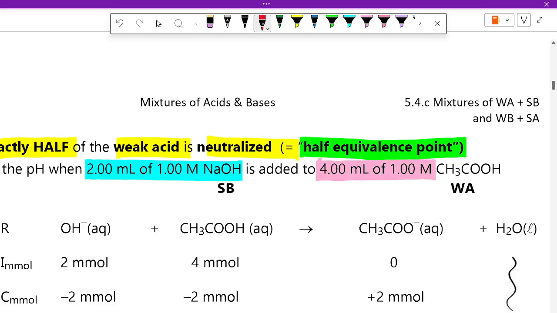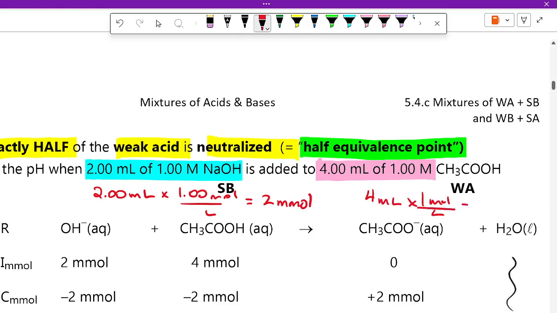If you do your calculation here, 2 milliliters times 1 mole per liter gives us 2 millimoles, and 4 milliliters times 1 mole per liter gives us 4 millimoles. So you can see these 2 millimoles are going to neutralize half of that.